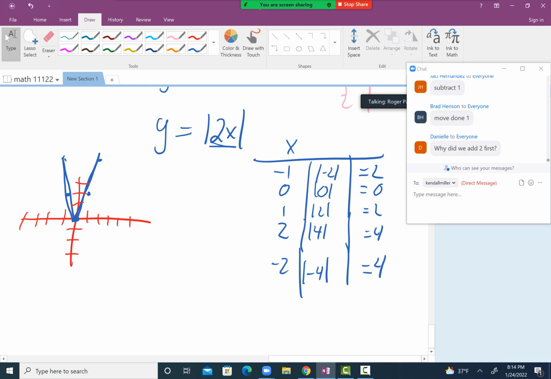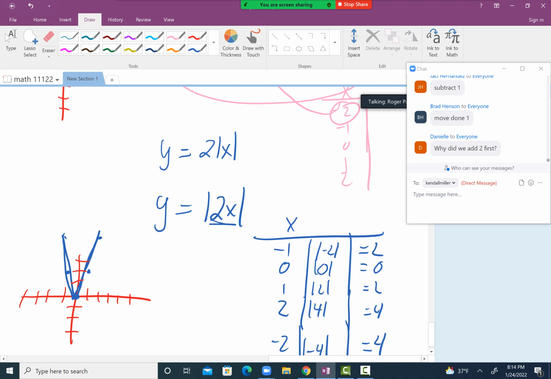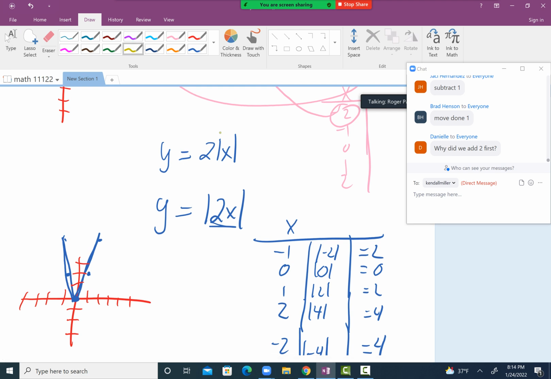So that's what a b does, okay? But you have to be careful and note the difference between when the 2 is on the outside and when the 2 is on the inside of that function. All right. I think that's pretty much all the stuff that I see on here. I would anticipate it not coming easy.